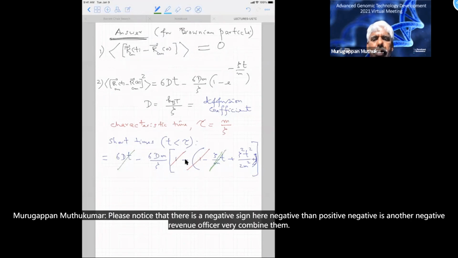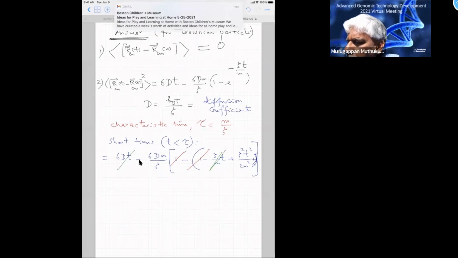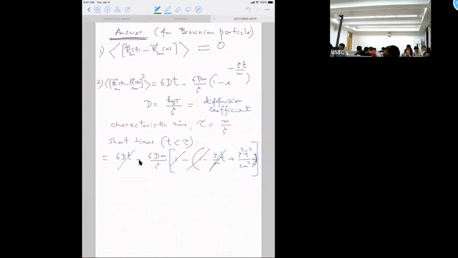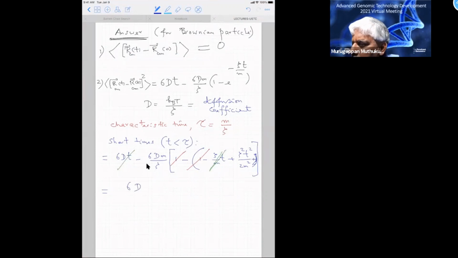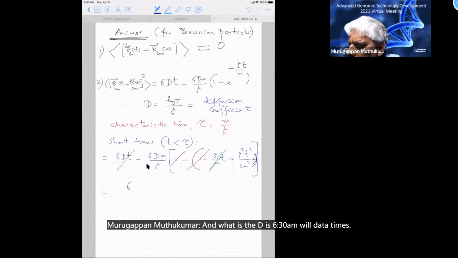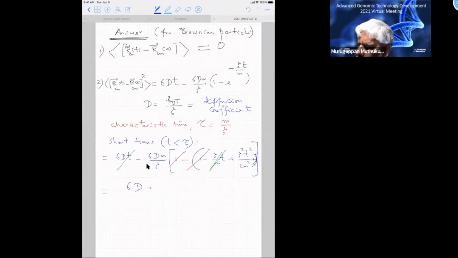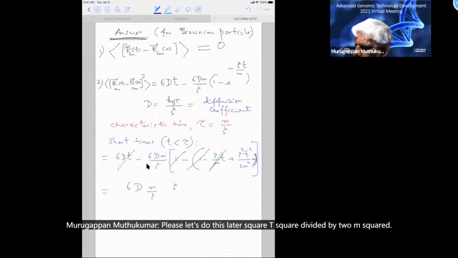Negative times negative is positive. So I have 6d m over zeta times zeta square t square divided by 2 m square.